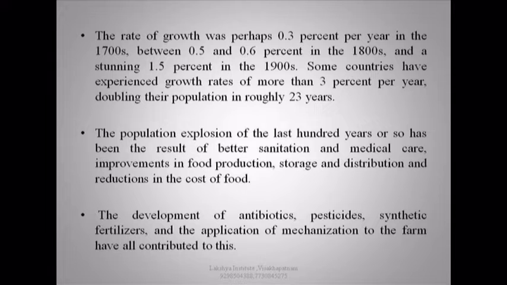The population explosion of the last 100 years or so has been the result of better sanitation and medical care, improvements in food production, storage and distribution, and reductions in the cost of food. The development of antibiotics, pesticides, synthetic fertilizers, and the application of mechanization to the farm have all contributed to this.